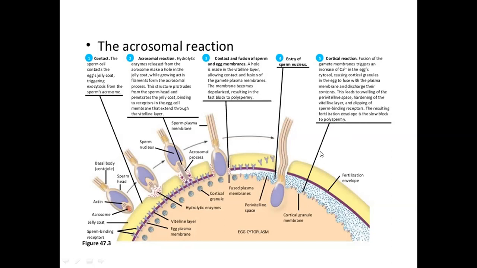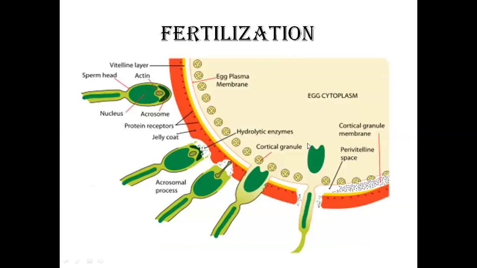Cortical reaction, that is, fusion of the gamete membrane, it becomes thick, there is calcium deposit, so that no further sperm can enter the perivitelline space, penetrating the vitelline membrane. This vitelline membrane is being strengthened. This is the cortical reaction. So the main aim is to allow the entry of one sperm nucleus, which occurs through the acrosomal reaction, into the ovum. And finally, this is when the male pronucleus enters and fertilizes the cell.